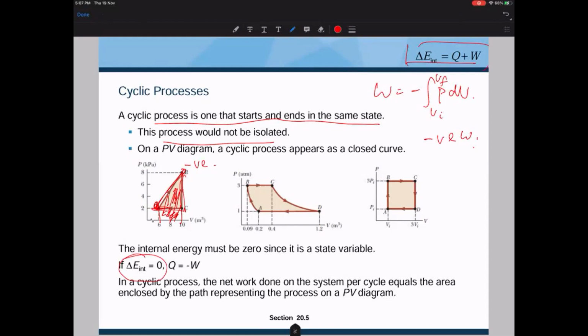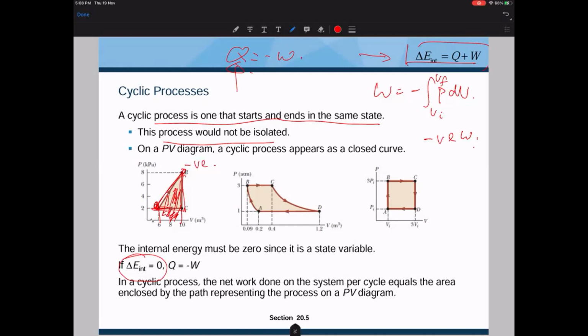It is the same state. So according to the first law, what does that mean? It means Q equals minus W. Where does the work done come from? It comes from heat energy. So you are using the process to convert heat energy into work done.